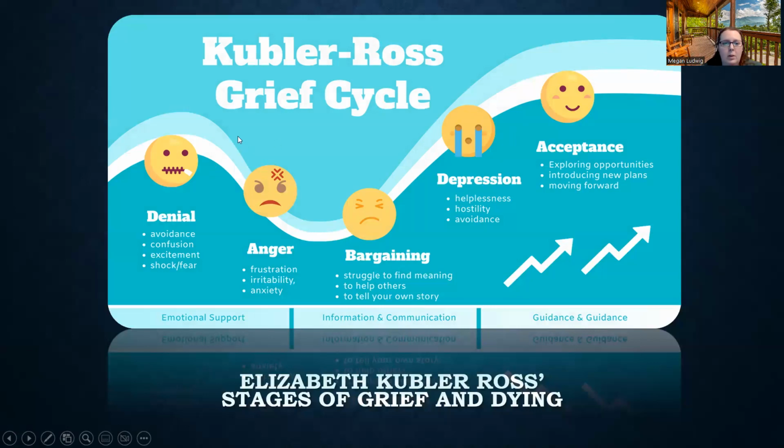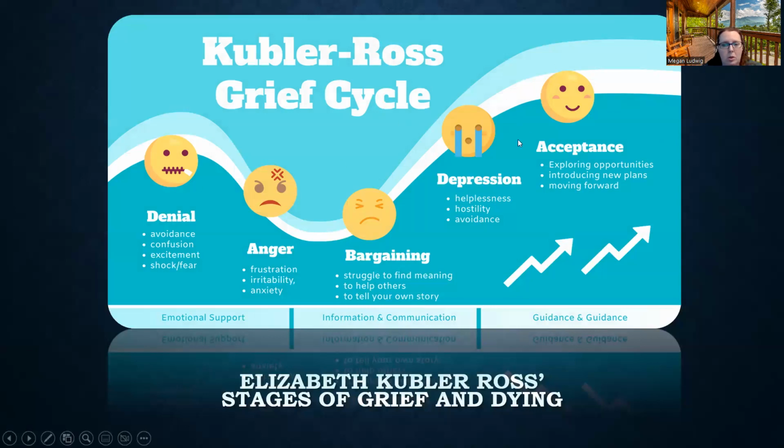So it is not necessarily concurrent, and it doesn't mean that once you reach a certain stage, you can't go back. So it is fluid and it does change over time.